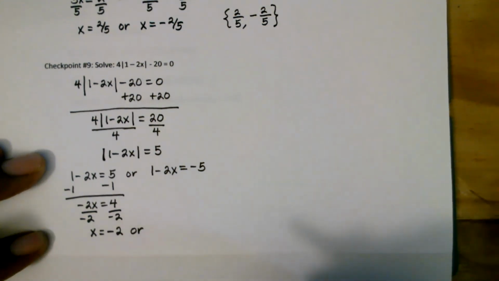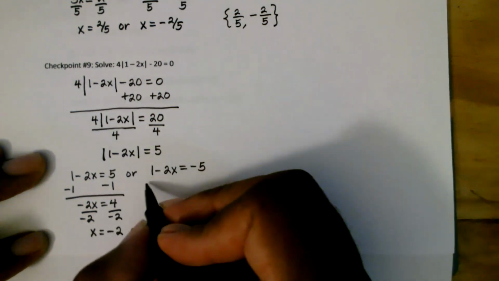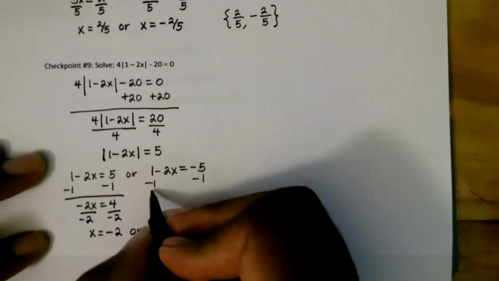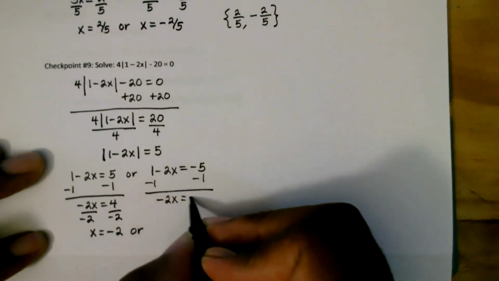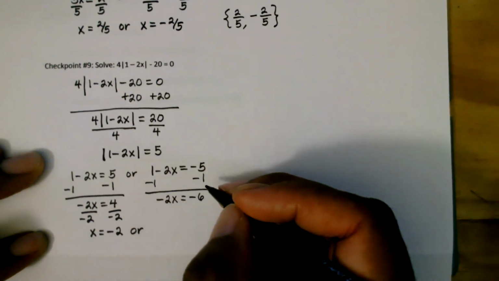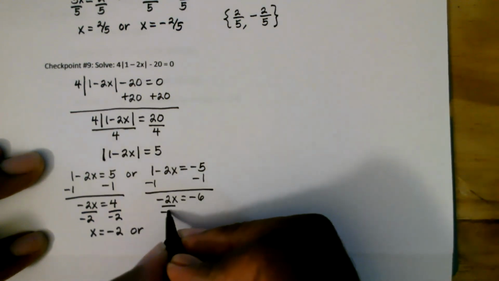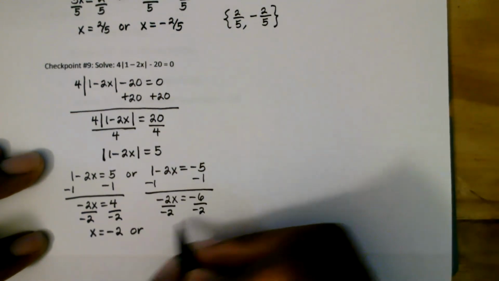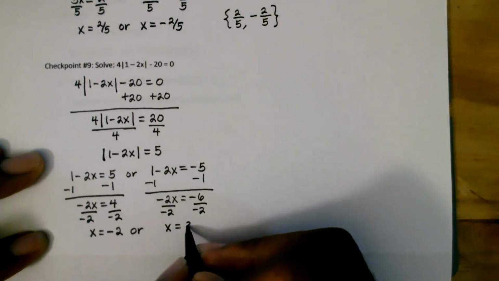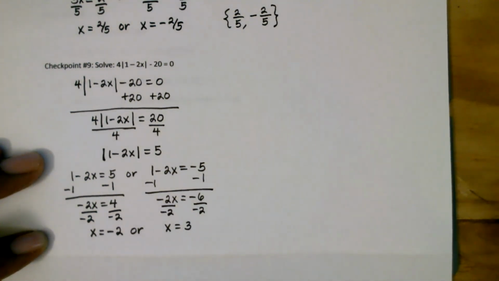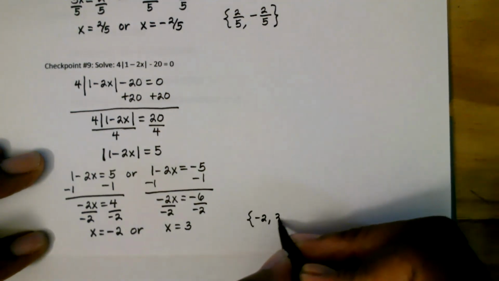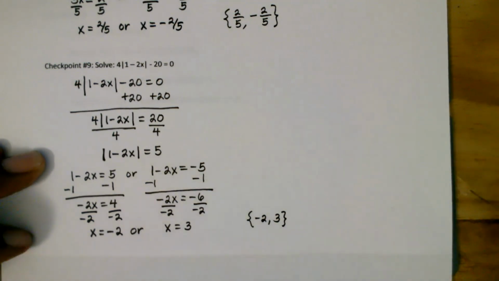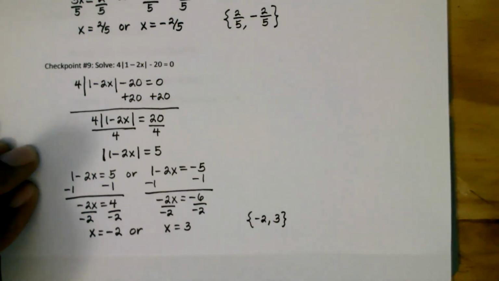Or for 1 minus 2x equals negative 5, I still need to subtract 1 on both sides. So now negative 2x is equal to negative 6. Divide by negative 2 on both sides. x is equal to positive 3. So my two solutions here are negative 2 and 3.